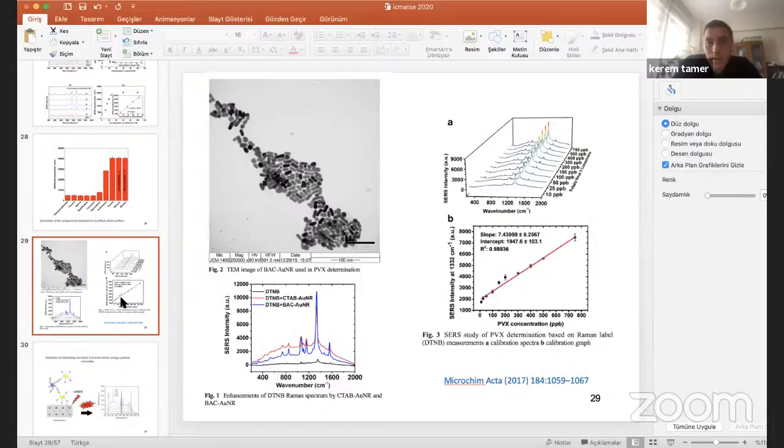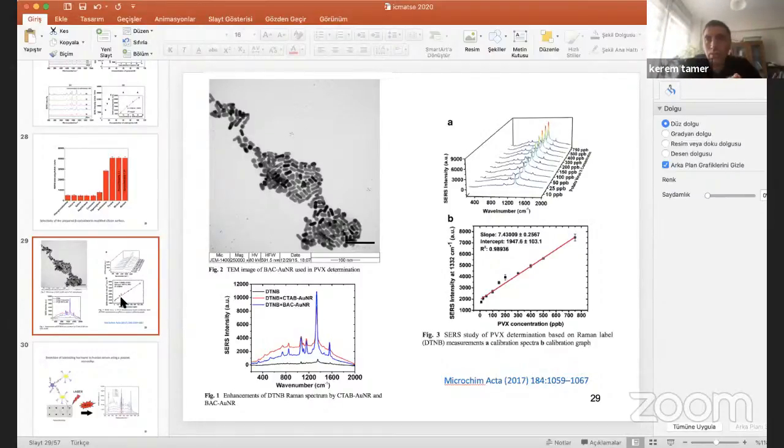Here, for instance, we made a paper purification system to eliminate the other matrix components from the system. Then we use some selective antibody, and this selective antibody catches the target from the matrix.